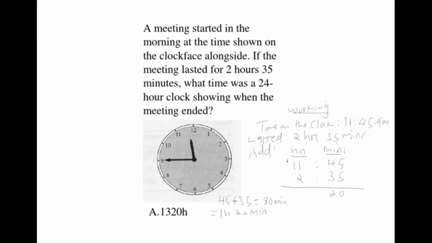So 1 plus 11 plus 2, you get 14. So this time on a 24-hour clock will be 1420 hours, and that gives us the answer, which is B.